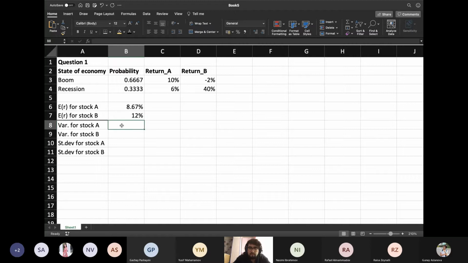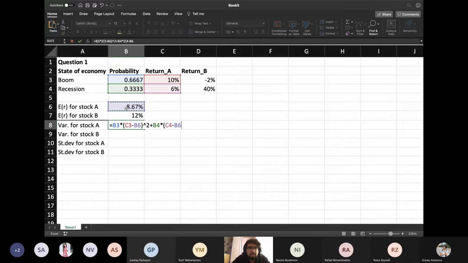Variance for stock A. We know that the variance is equal to, by the formula, the probability of the boom times return in the boom minus expected return to the power of 2 plus probability of the recession multiplied by return of the recession minus corresponding expected return to the power of 2.